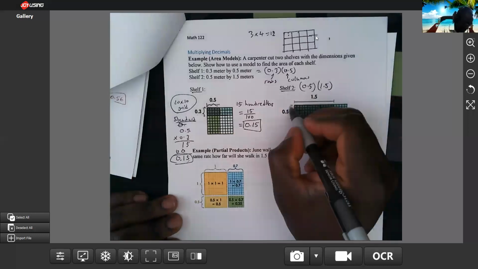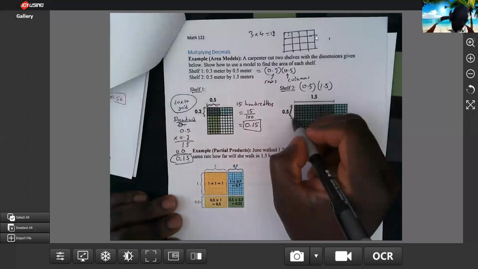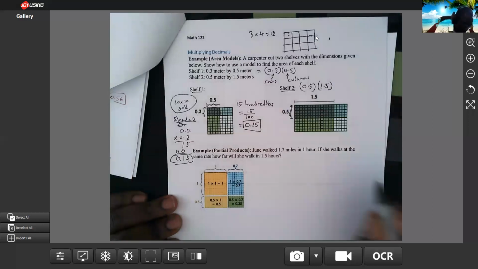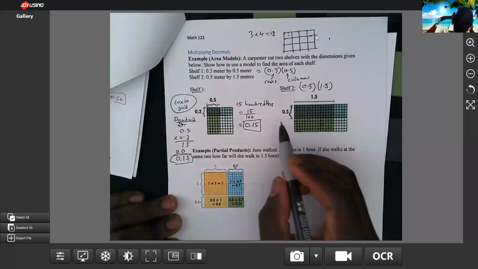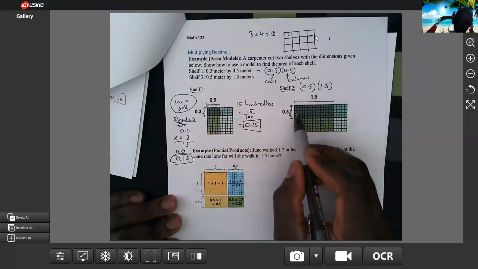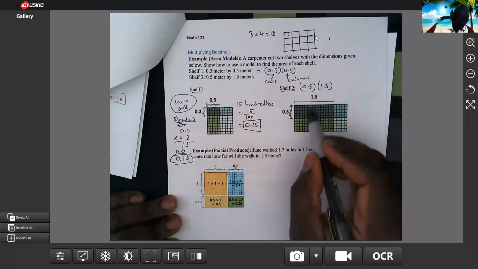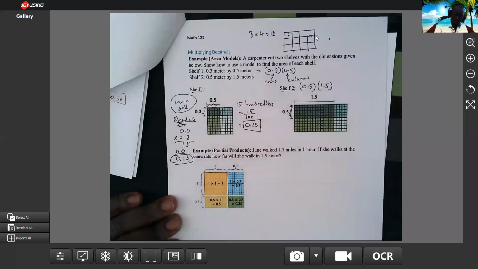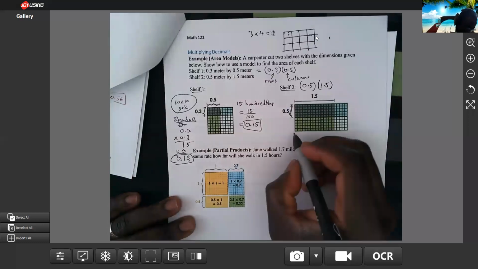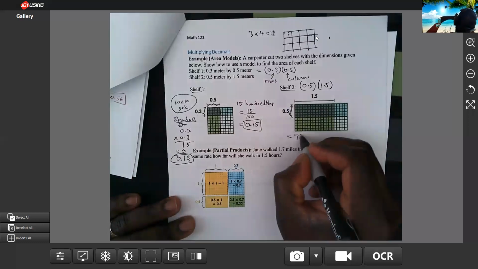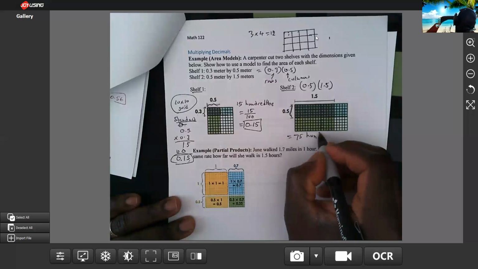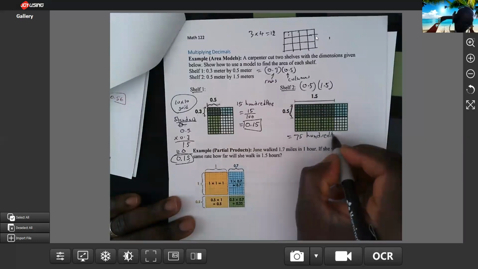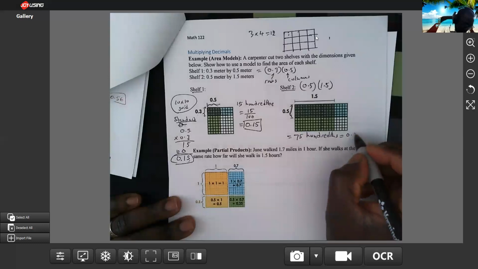And again, this is the number of rows, there are 5 of them. Now when you look at this, if you count them, you have 1, 2, 3, 4, 5 times 15. That is 75. So this is equal to 75 hundredths, which is the same as 0.75.